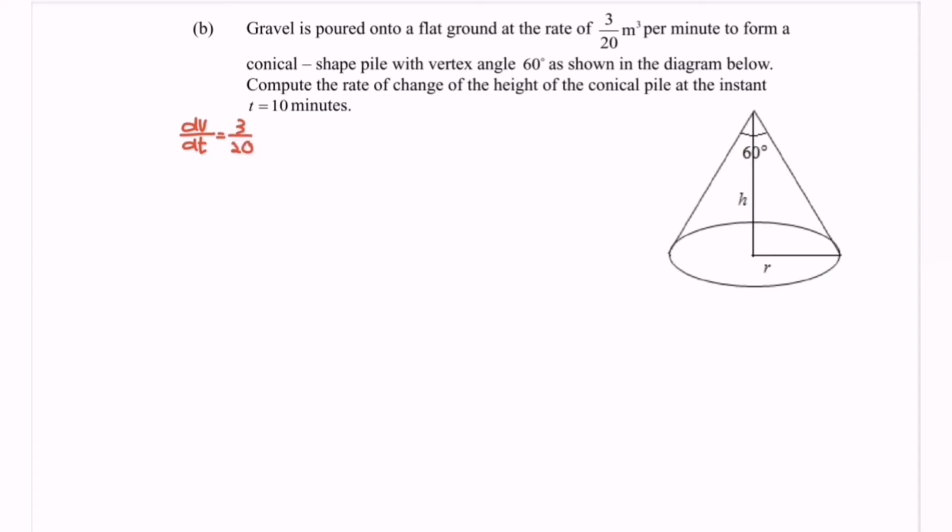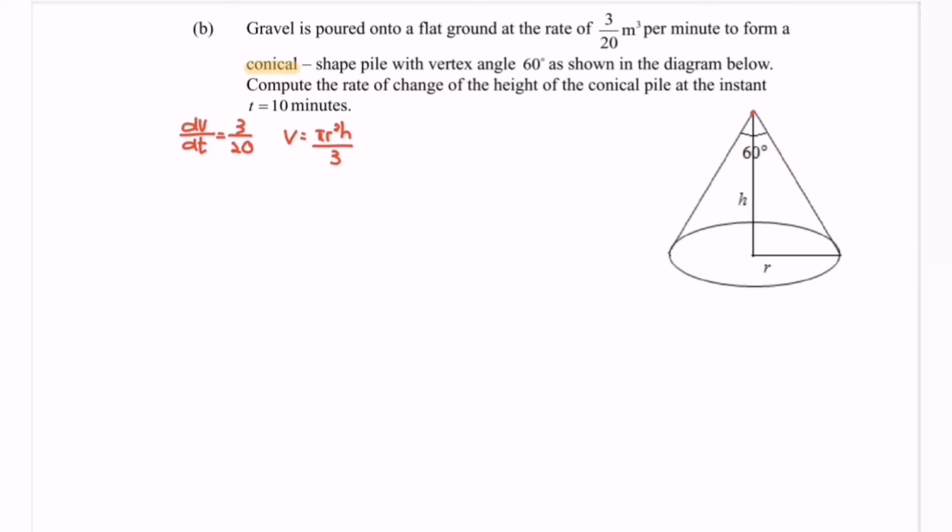To form a conical shaped pile, so we have the keyword conical. Meaning that here we have the formula V is equal to pi r squared h over 3, with the vertex angle 60 as shown in the diagram below.